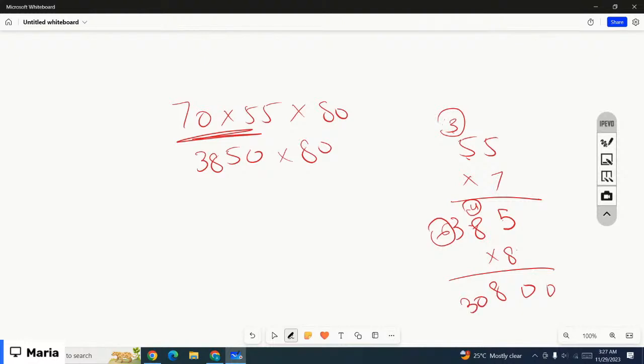And you need to add two zeros, that is 3080, and 10 here, 10 here. That is the 0 from 8 times 5 is 40, right? So 10 and 20, that is 308 thousand.